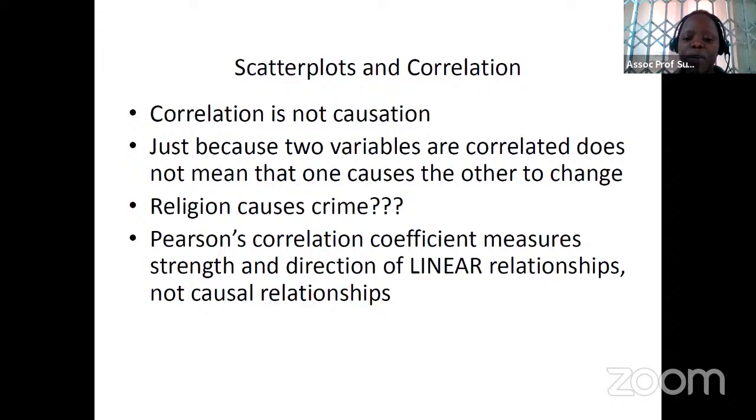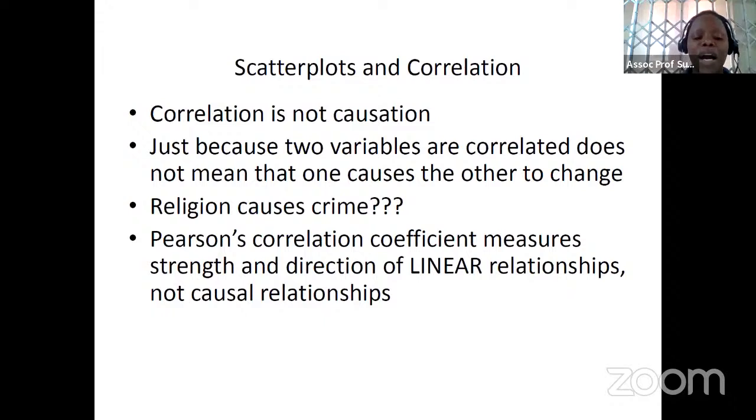So if two variables are correlated, it does not mean that one variable causes the other to change. For example, religion does not cause crime to change. Let's say this is just an example: if you find in a data set that most of the Protestants are putting on blue shirts in the training, it does not necessarily mean that being a Protestant is associated with blue shirts.